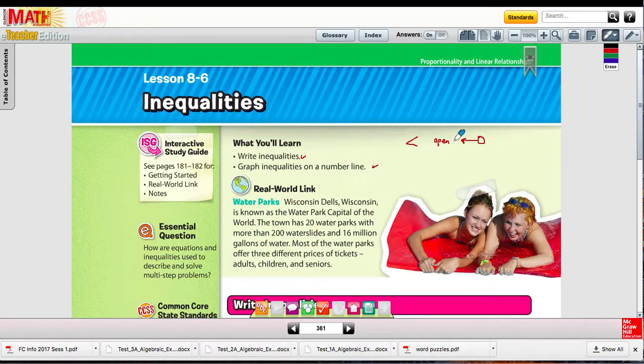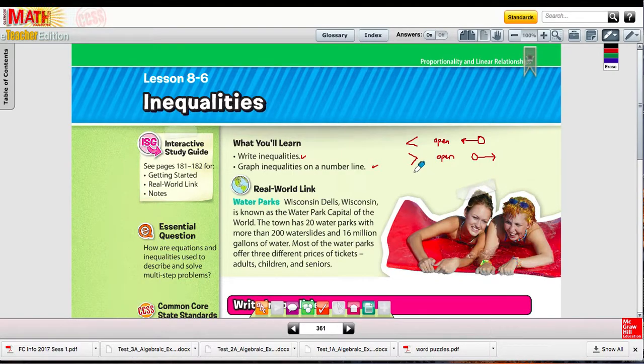For greater than, fill in the words greater than for the name of the inequality. That's going to be an open circle with an arrow going to the right. This will all make sense when we graph a few of these together.